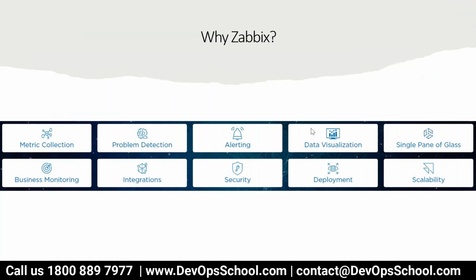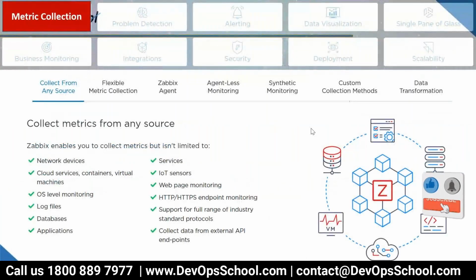Alerting, lots of data visualization, graphs and dashboards, and so on. You can also use Zabbix for business transaction monitoring. You can integrate with a lot of software; more than 300 options are available actually. In terms of security monitoring, you should try Zabbix. You can also use it for deployment, monitoring, scalability and stuff like that. So yeah, these are some of the simple reasons.